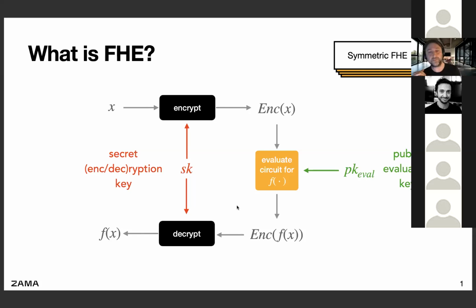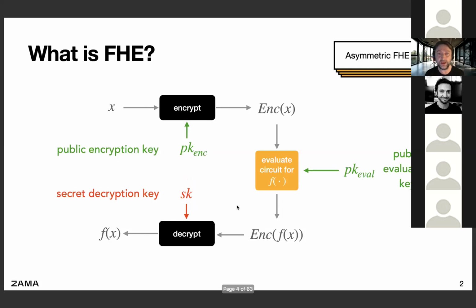And then this result is just sent back to the user to be decrypted, but nothing has transpired throughout, I mean, in the middle of the computations. So this seems a little bit magical.